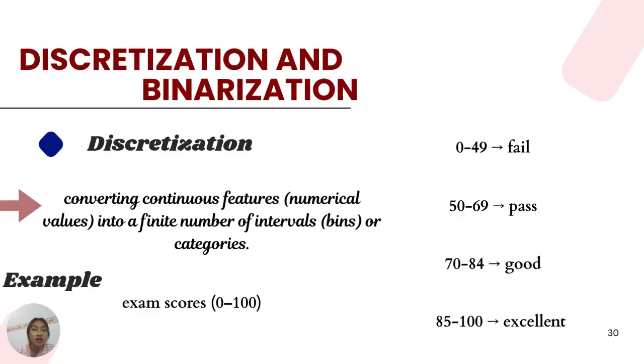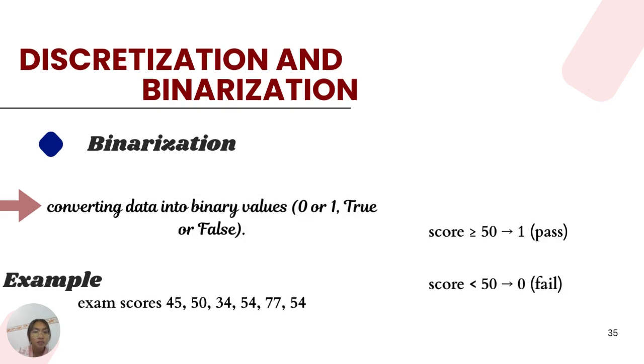discretization converts a continuous feature into a finite number of intervals or categories. As you can see in this example, this is the exam score that ranges from 0 to 100. So if you got 78, it will move to good. And the next one is binarization.